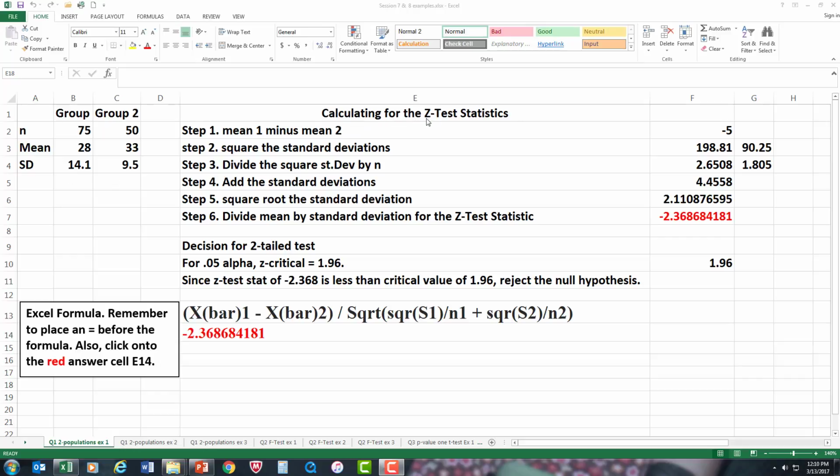Therefore, you will use the z-test for your statistic to see whether you're going to accept or reject the null hypothesis. Now, we're going to do a two-tailed test. We're going to use an alpha level of 0.05, and therefore the z critical will be 1.96.